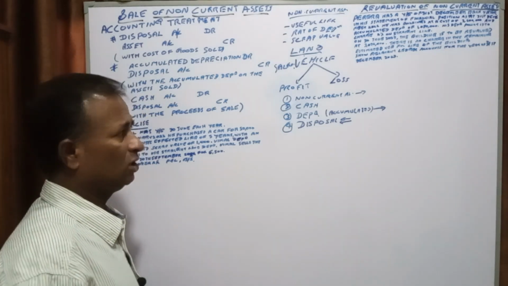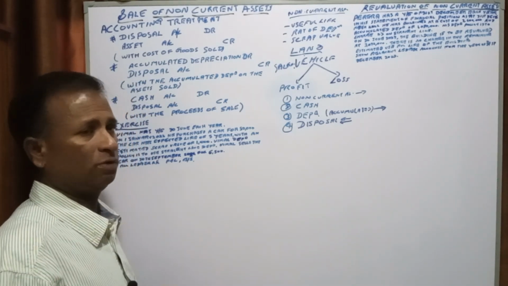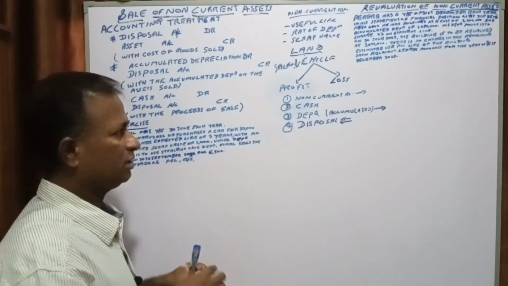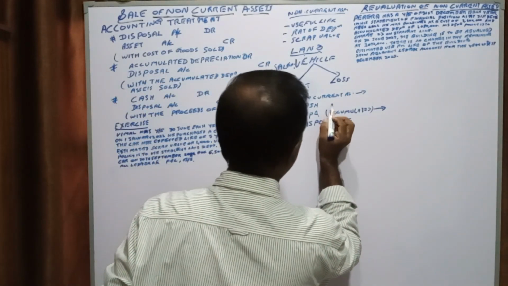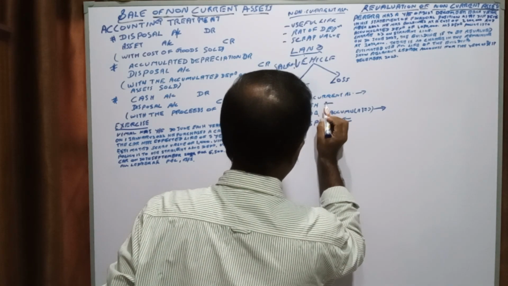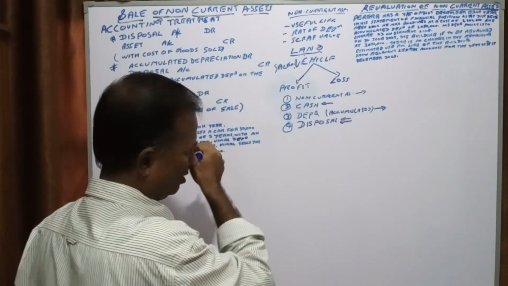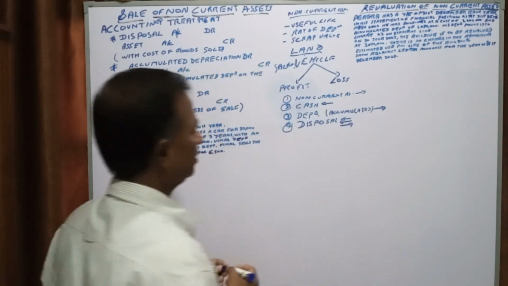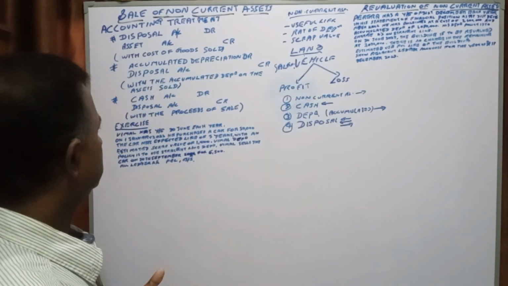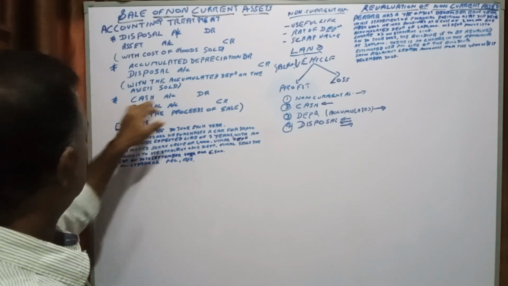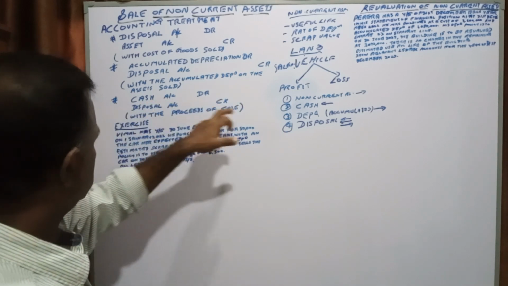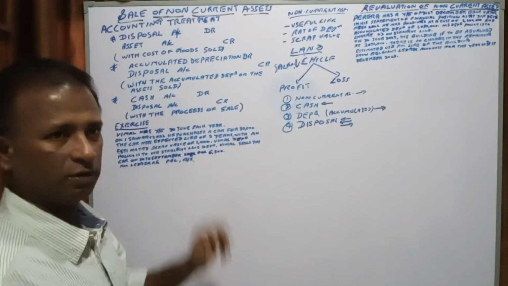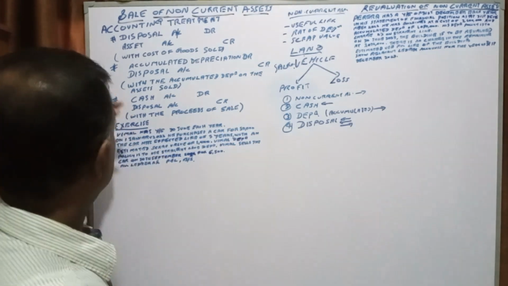Third, you account for the cash received. Cash account debit and disposal account credit, with the proceeds of sale.